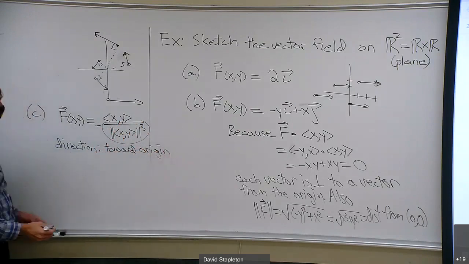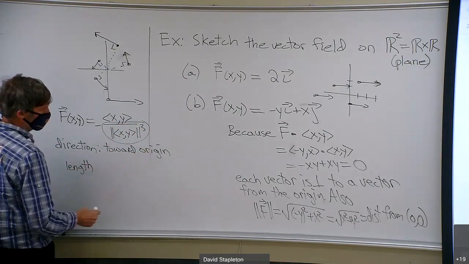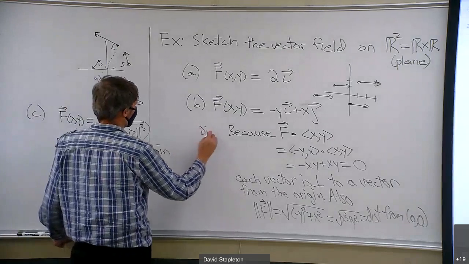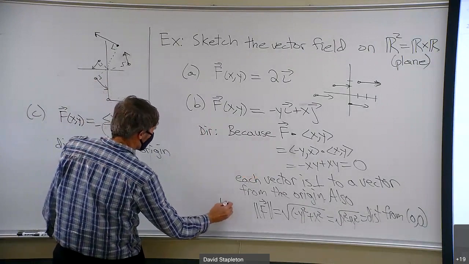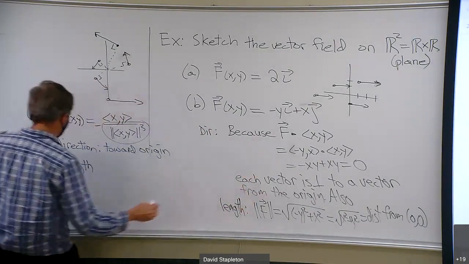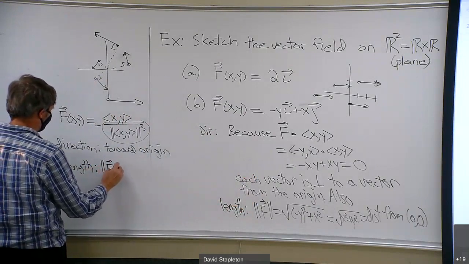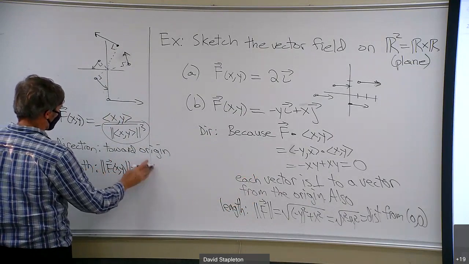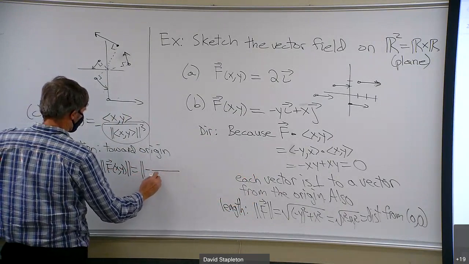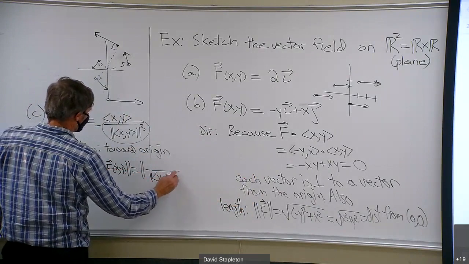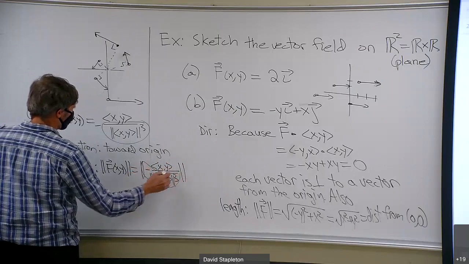Now, how long is it? Well, if you think about the length of the length, just like we were doing over there, maybe I should have said your direction was perpendicular to the vector from x, y, and then length. The length of f of x, y is the length of minus x, y over the length of x, y cubed. Well, this number here is just a number, right?